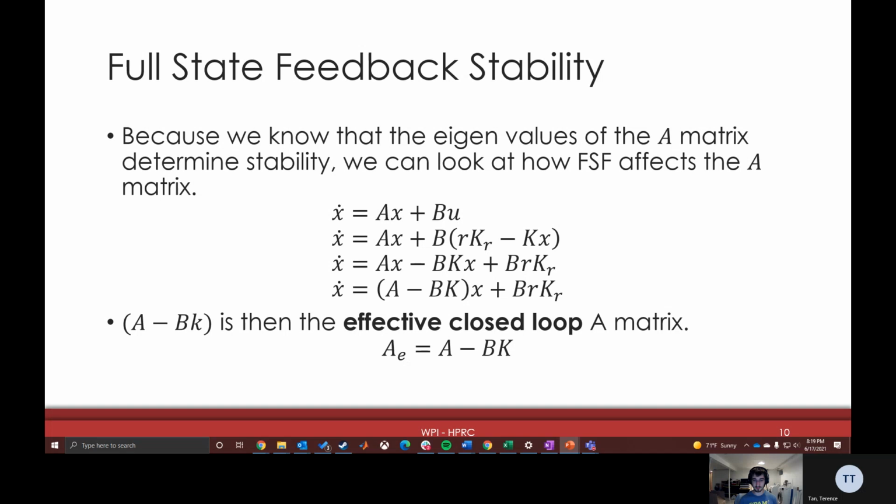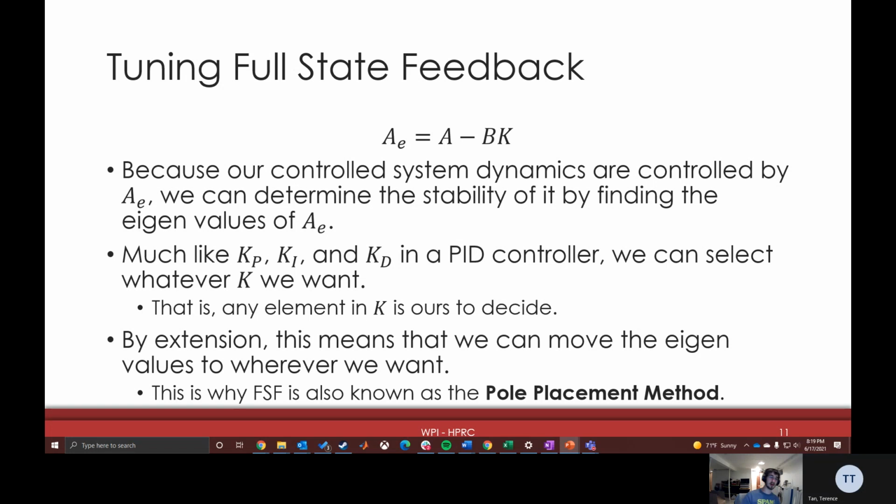So does that make sense, how we're getting this effective A matrix and what it means? Yeah, I think so. Rad. So what we can now do is get to the tuning of this, because with our system dynamics being controlled by that, we can determine the stability of the controlled system by finding our effective A matrix.